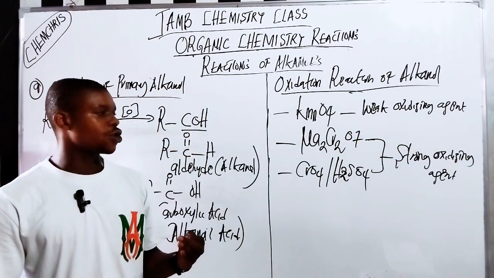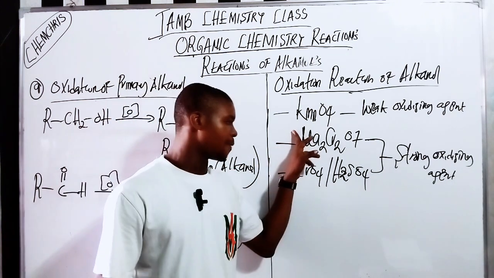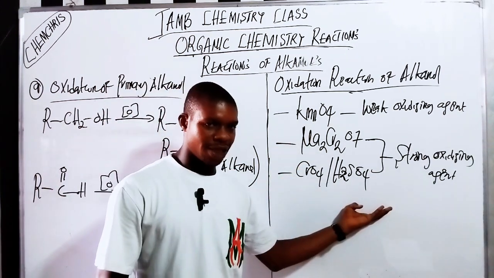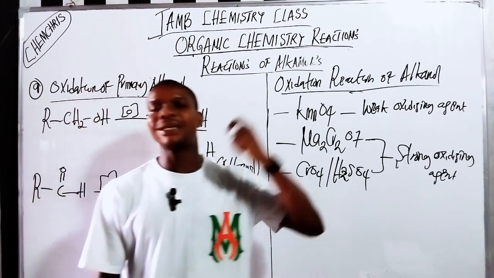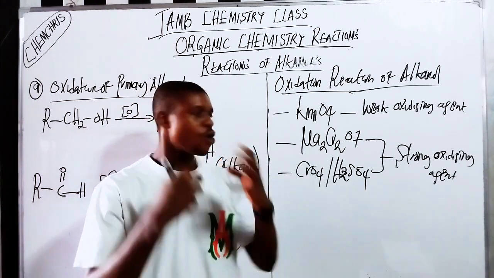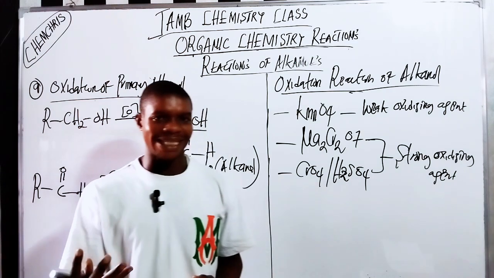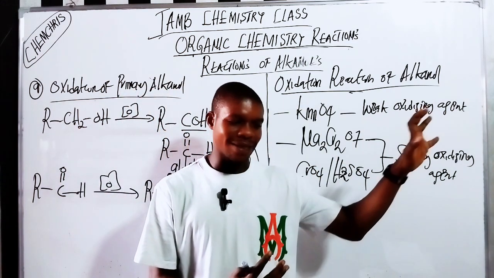On the other hand, if you use strong oxidizing agents like sodium dichromate and Jones reagent, it will oxidize completely, directly to carboxylic acid. It will not stop at the aldehyde because it's a strong oxidizing agent.